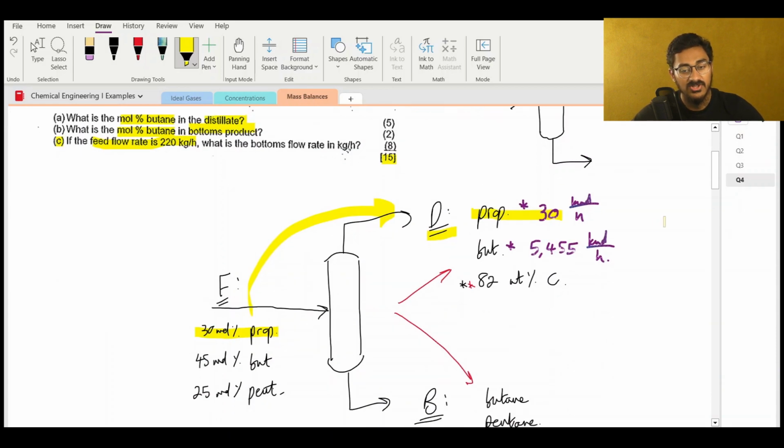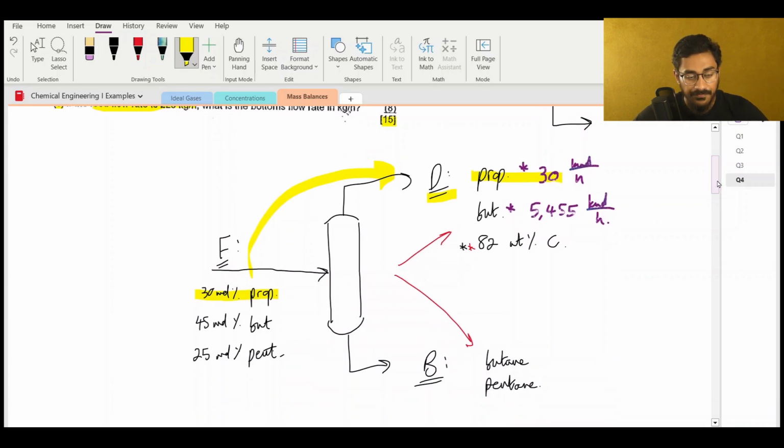So now things get a bit interesting, right? I know how much butane is entering in the feed stream. I know how much butane is exiting in the distillate stream. But I can therefore work out the number of moles of butane in the bottom stream.